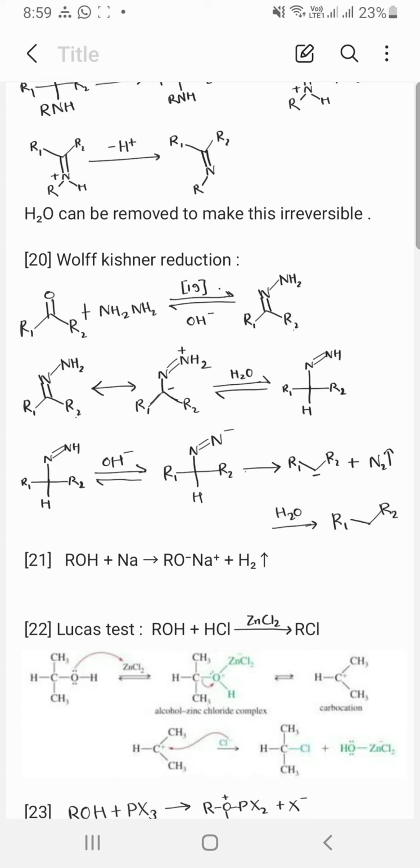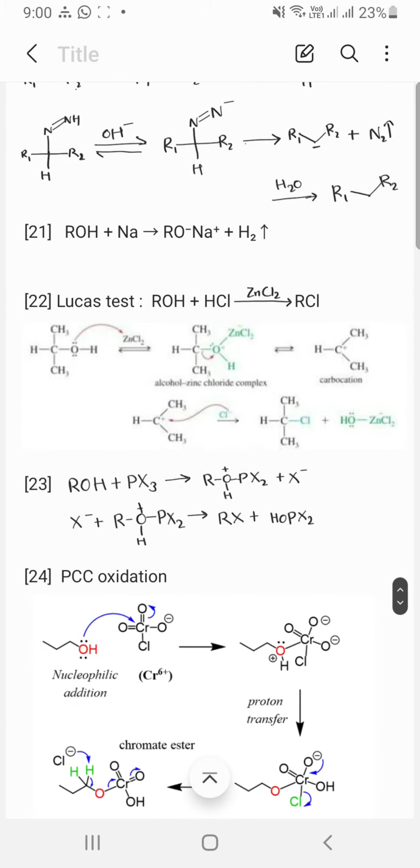Isn't that bad, honestly. So it is the same thing, just remove oxygen and put 2 hydrogens instead. Fine. That's the Wolff-Kishner reaction. Okay, cool.